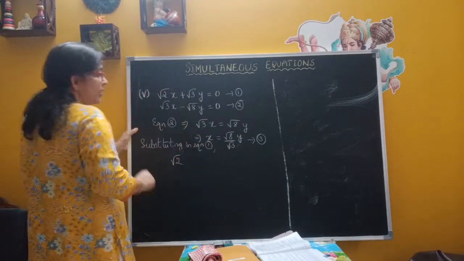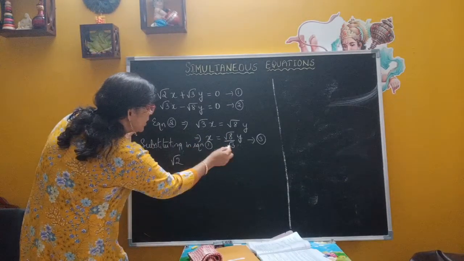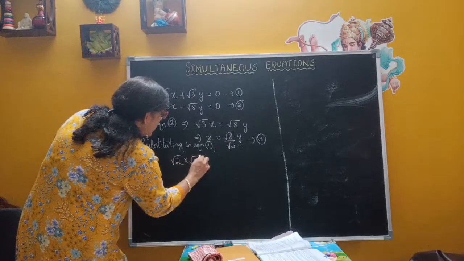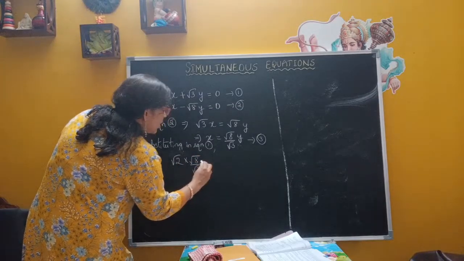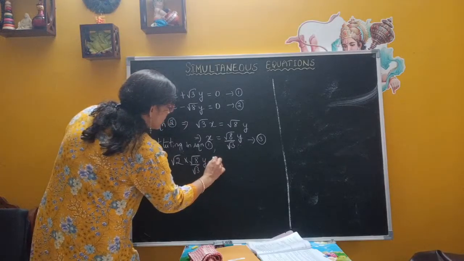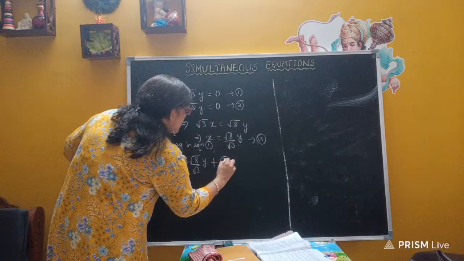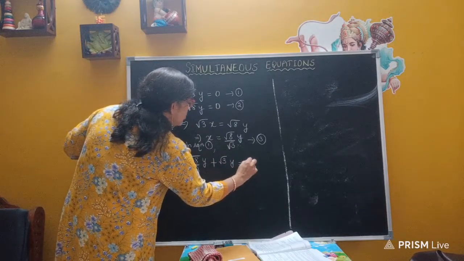In the place of x, I should write root 8 by root 3 y. Root 2 into root 8 by root 3 y, plus root 3y, is equal to 0.